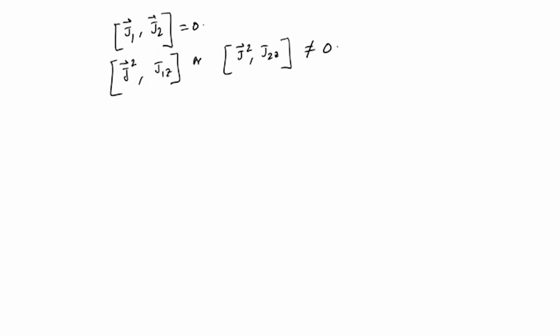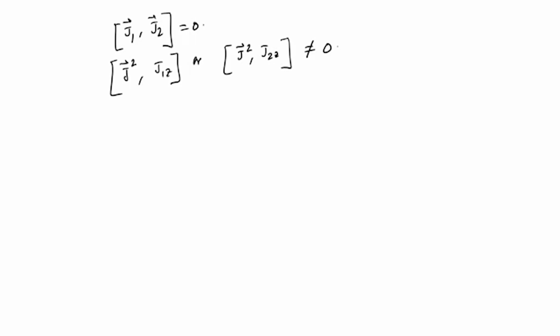The J square contains J1 square plus J2 square, plus a 2 J1·J2, and this 2 J1·J2 will have terms such as J1x J2x, J1y J2y, and J1z J2z. Of course, the z component will commute with J1z or J2z, but the x and y components will not commute with J1z or J2z, and that is why these commutation relations are not equal to 0.